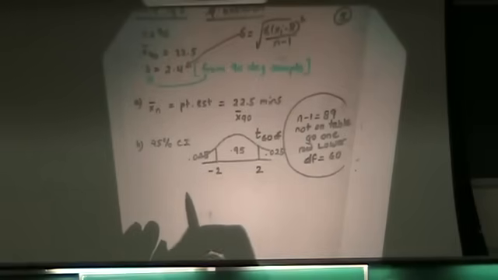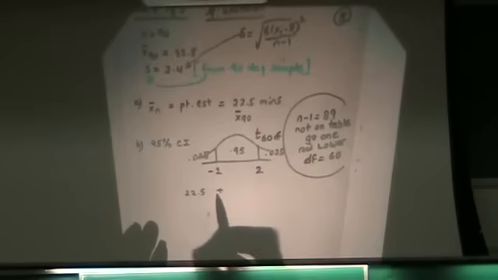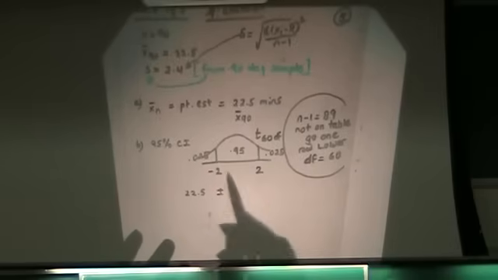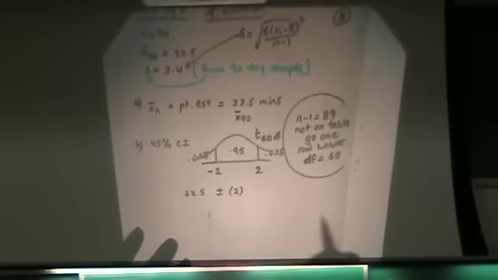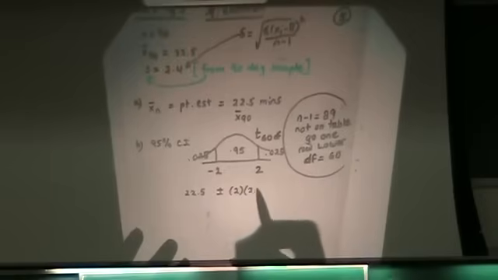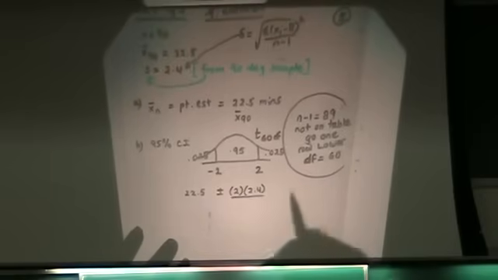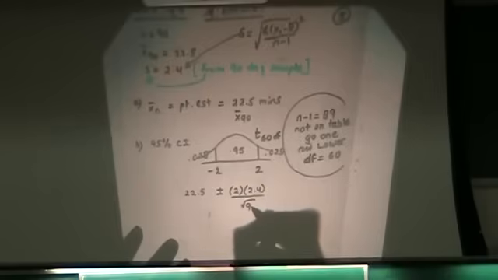So I'm ready to plug in. X bar, which is 22.5, plus or minus T alpha over 2, which is 2, S, which is 2.4, divided by rad 90.